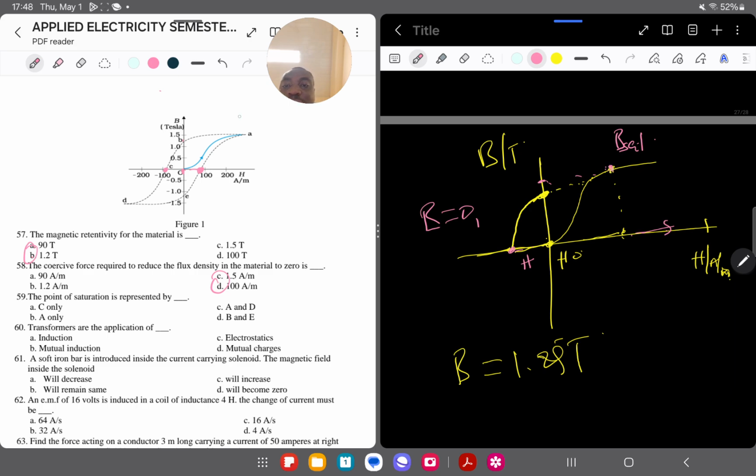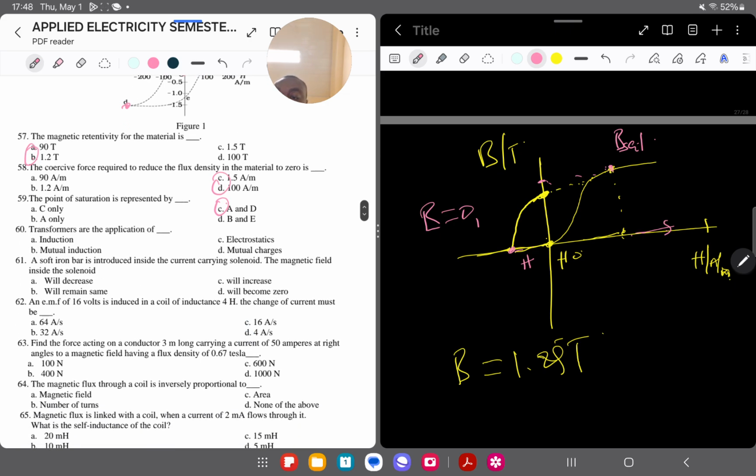Here, when you reach here, that is the A, the saturation point, and there's another one on the negative side, on your left hand side, which is D here, which is also saturation. So I have A and then D based on the labeling. So the answer here becomes C, A and D.